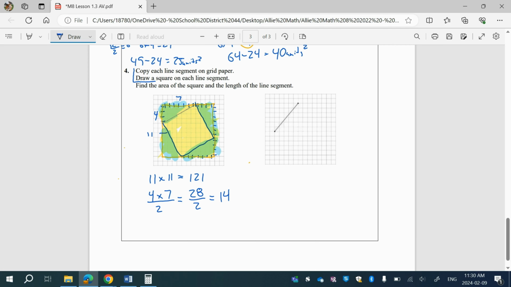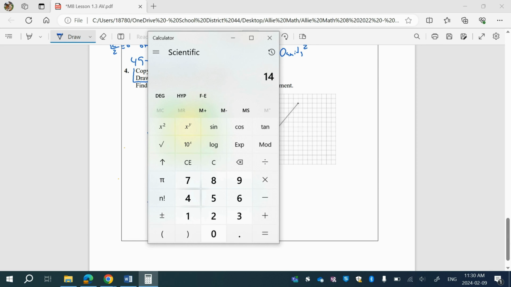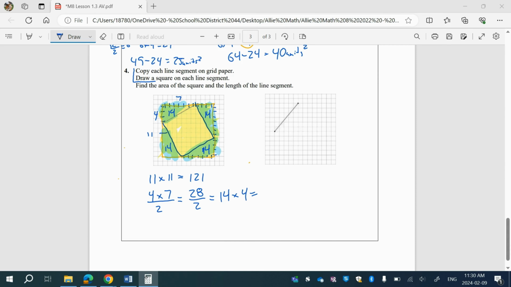Okay, wonderful. So each of these right here covers 14 squares. There's 4 of them, right? So we times that by 4, let me do my calculator, 14 times 4 is 56.